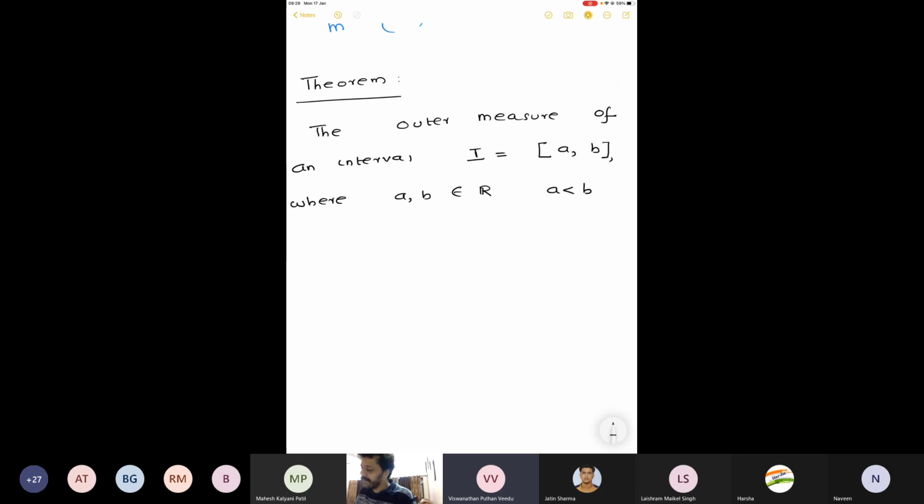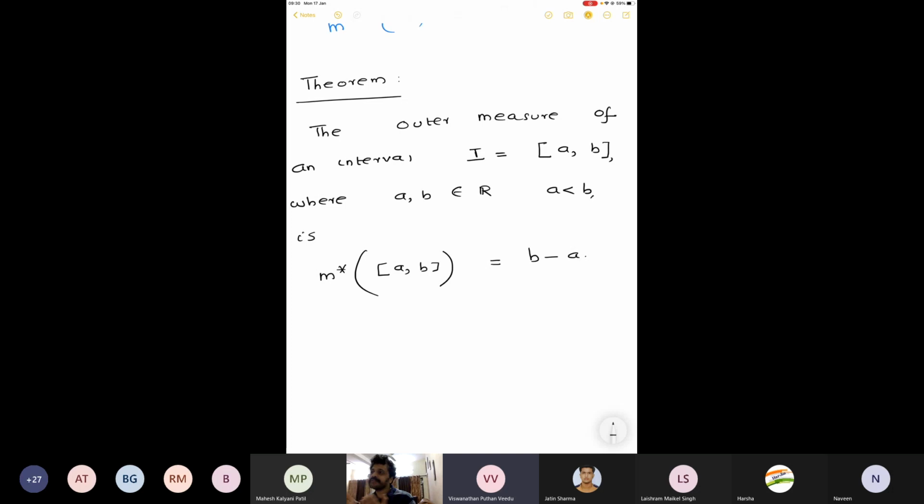The outer measure of an interval I equal to [a, b] is m star of [a, b]. What is your expectation? Equal to the measure of the open interval, that is b minus a, the length, right? The measure of the closed interval is equal to the length.